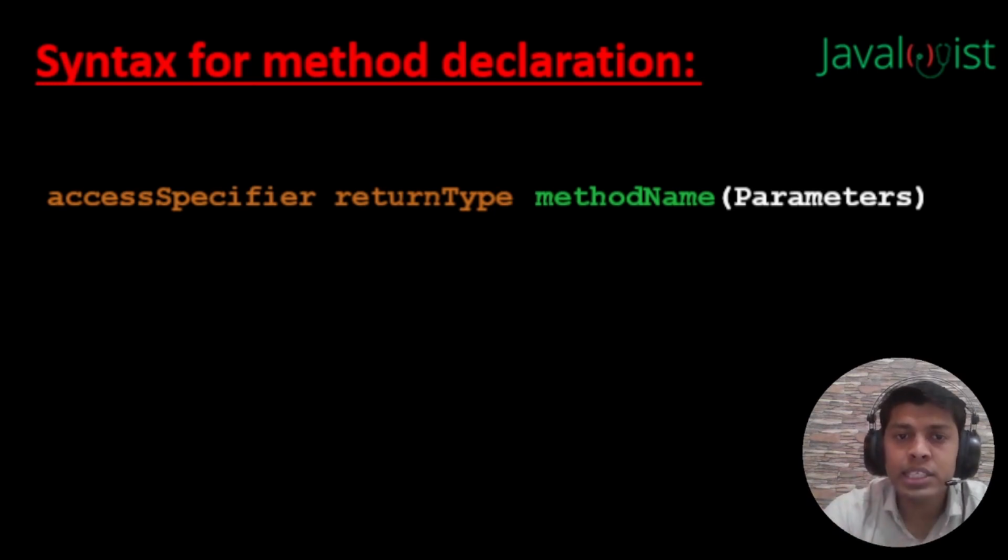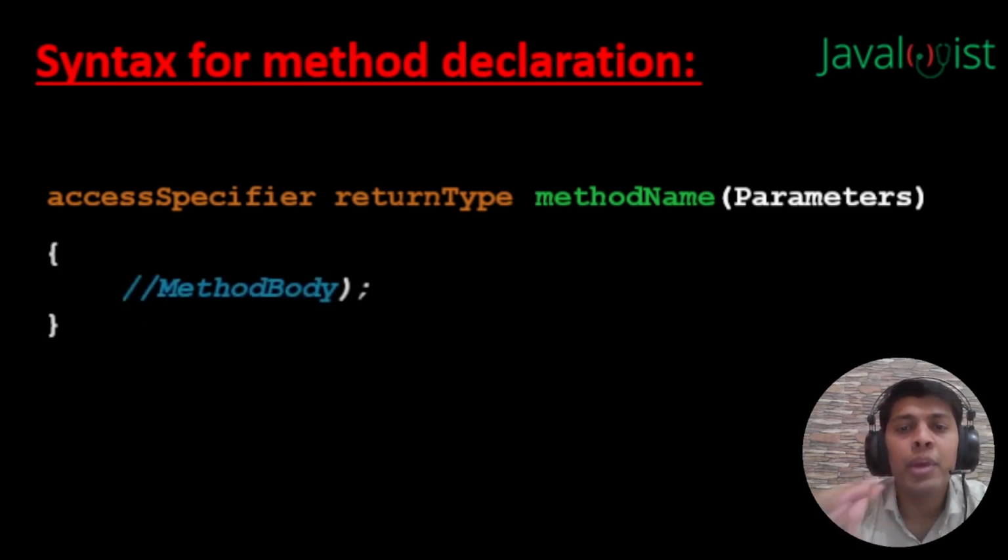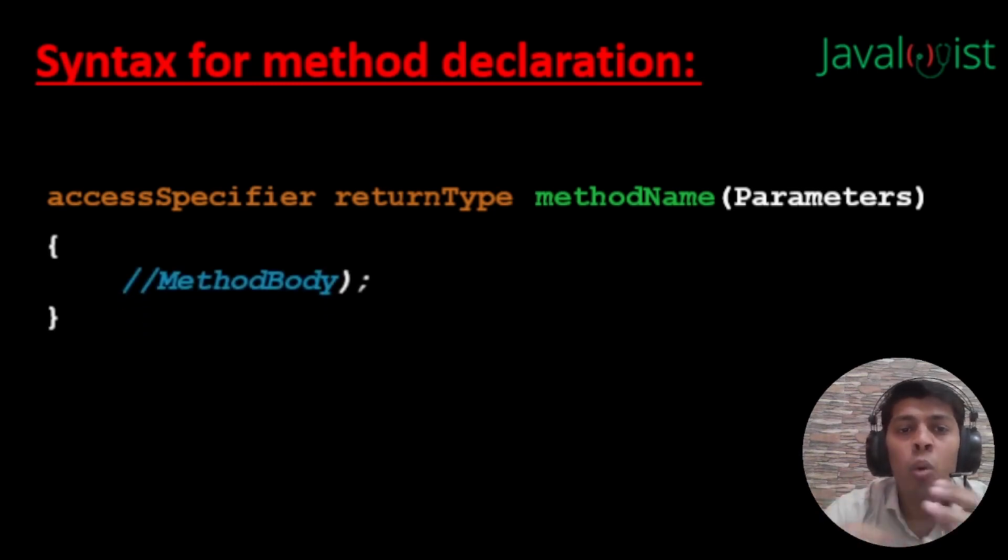Then parentheses, and parameters are optional, but if your activity needs some values to perform a task, then you have to pass the parameters. Then the method body, meaning whatever activity you are going to perform, you keep in the method body.